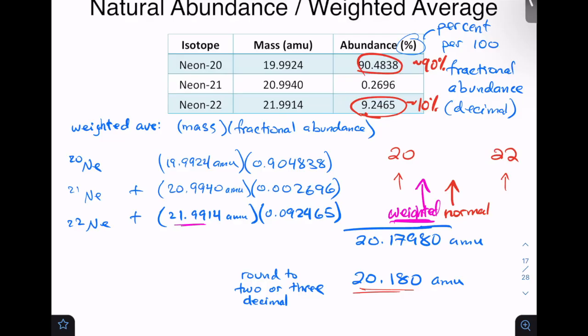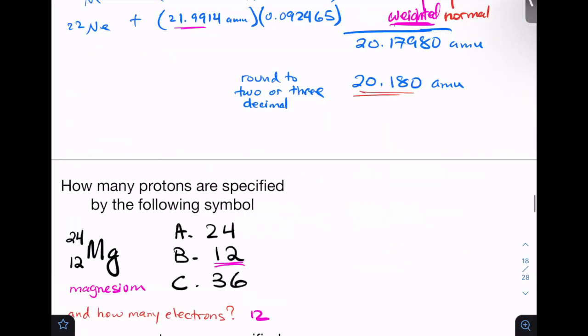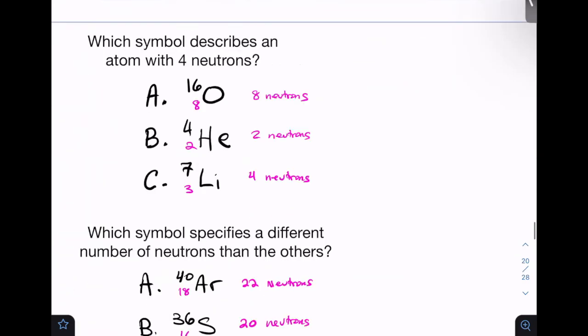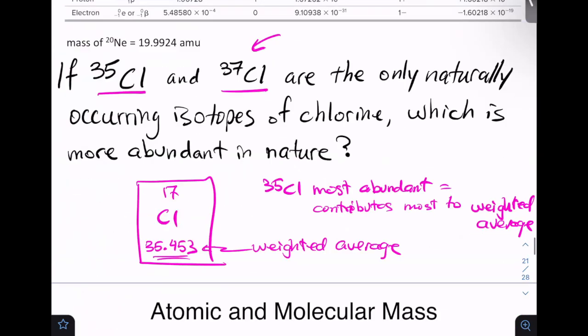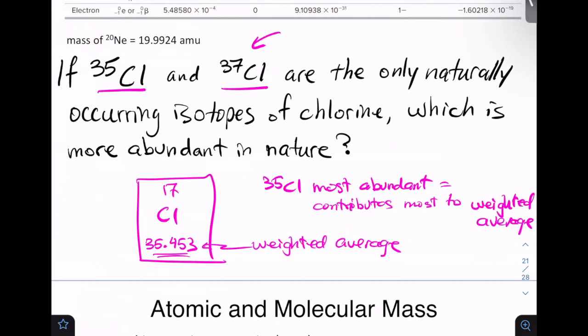But I want you to understand what this equation is doing and how to interpret it. And the interpretation is like this. You don't need to do the plug and chug necessarily to be able to assess which one is more abundant, based on what you know this number represents, the number you read on the periodic table. So did that answer your question? You had a question too?